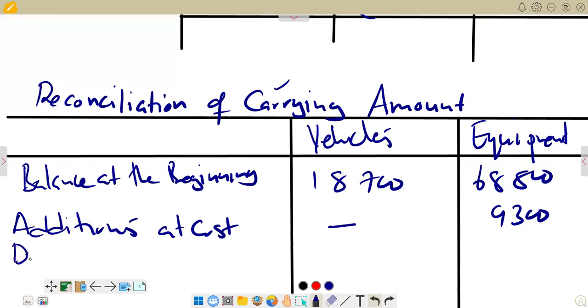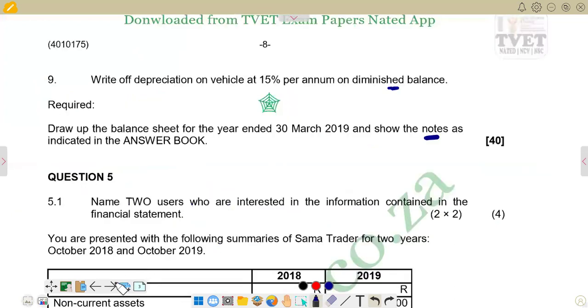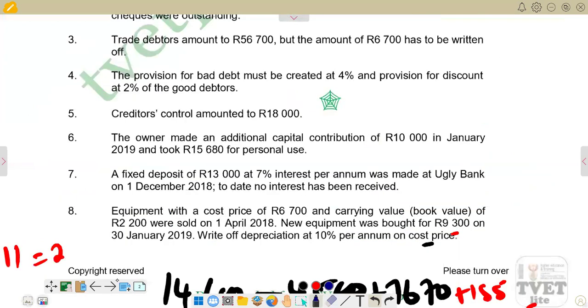Disposal at carrying value. And I remember we are also told that we've got equipment that was disposed. Here we see that the carrying value was 2,200. Equipment with the cost price of 6,700 rands and carrying value, which is a book value, of 2,200.